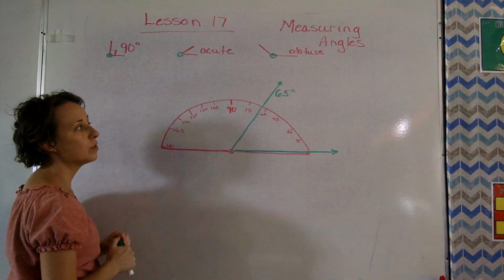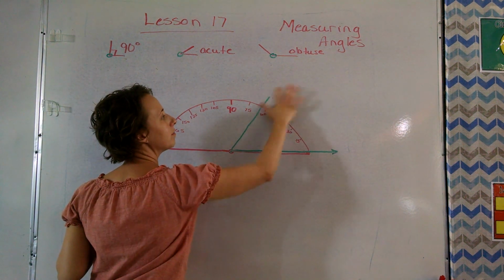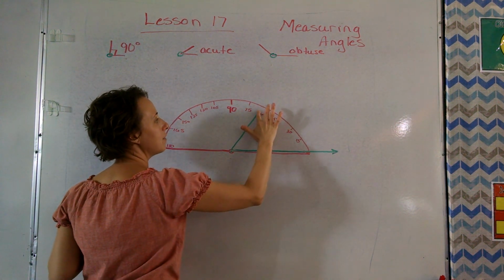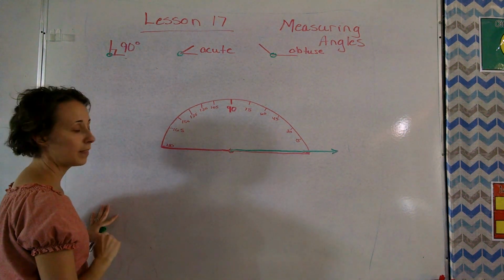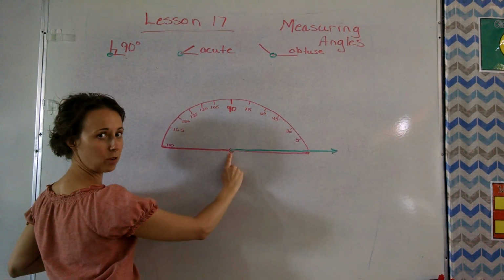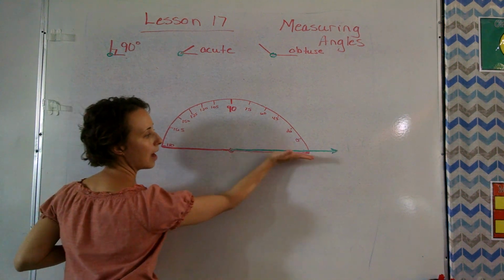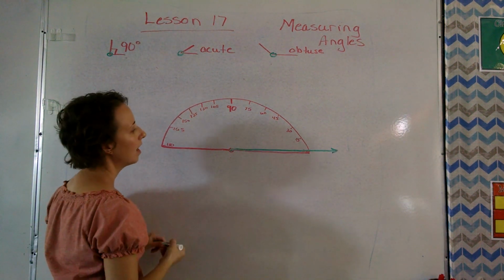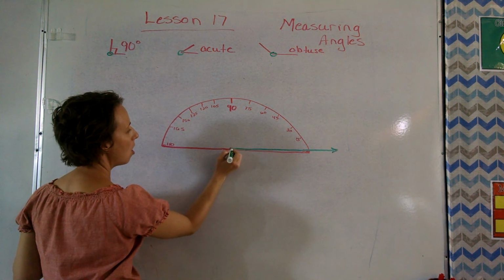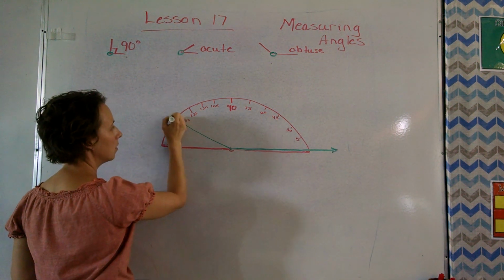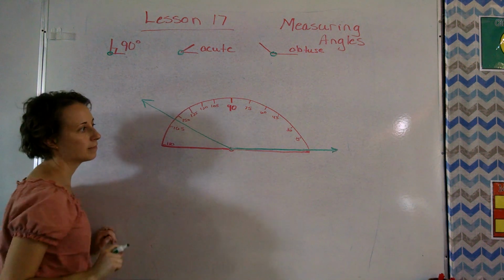Let's look at what an obtuse measure might look like. If I had a different angle, and I followed the same steps, I put the points and I lined it up in the middle. I took the bottom line and I lined it up with the 0. And then I looked at where my other line came out, and my other line came out all the way over here.